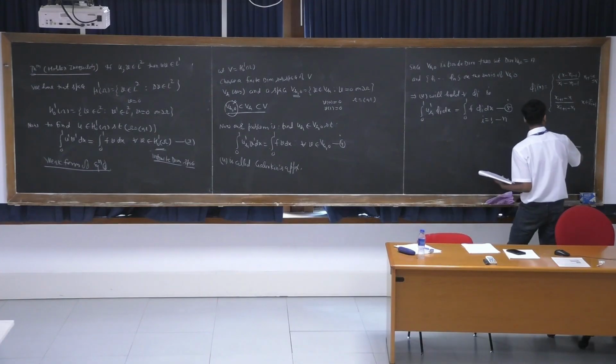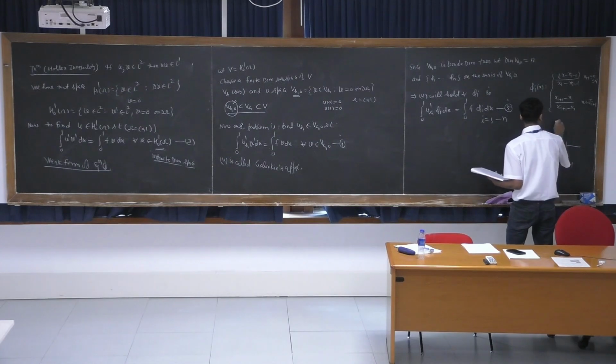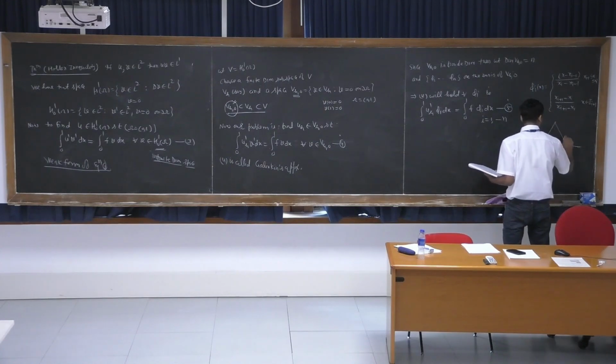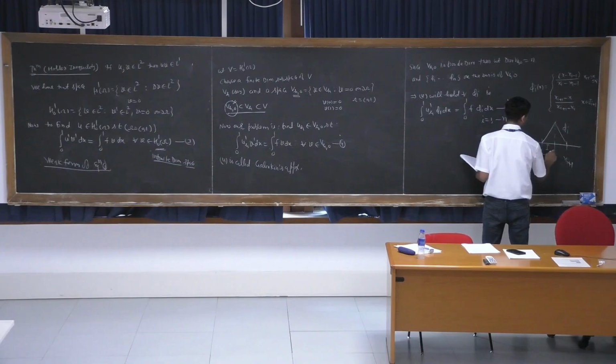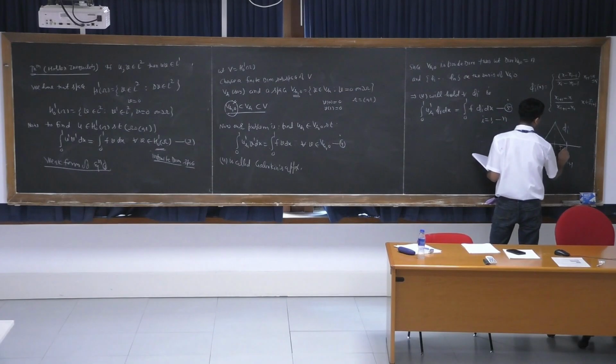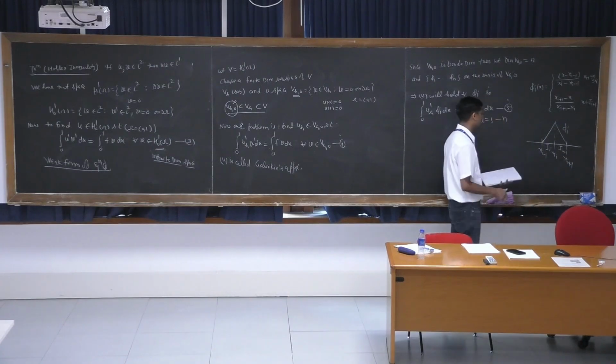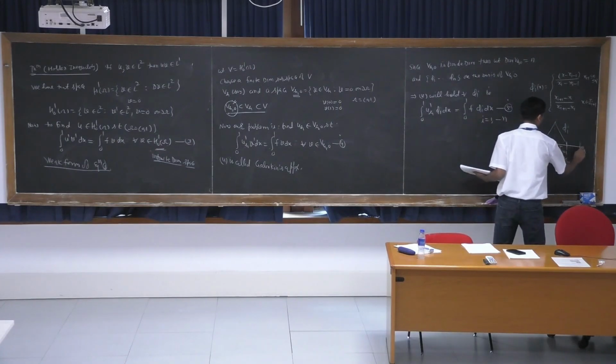So phi i is defined on this. Suppose this is I, and this is capital I plus 1. These are just subintervals, which divide the domain.